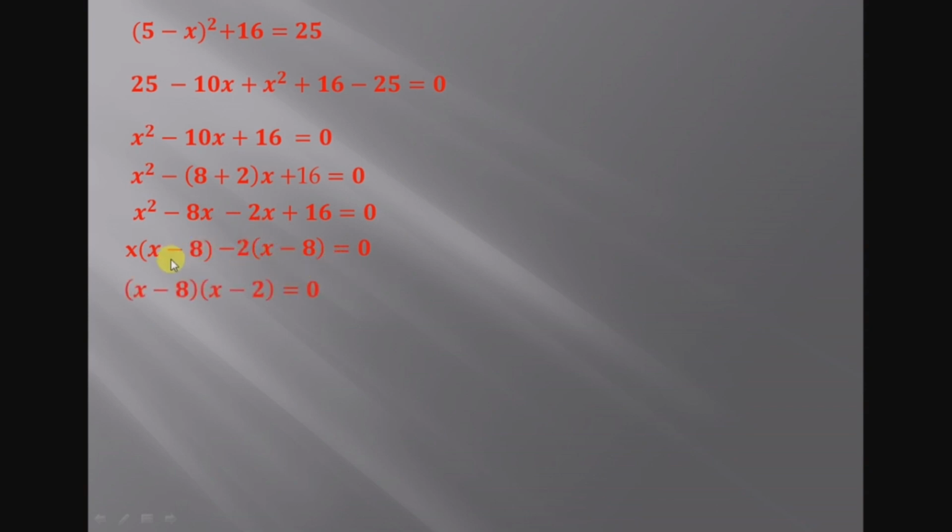So from here I'll take (x minus 8) common out, so it's (x minus 2) is equal to 0. Either x minus 8 is equal to 0, that is x is equal to 8, or x minus 2 is equal to 0, x is equal to 2. And therefore the required points are (8, 0) or (2, 0).